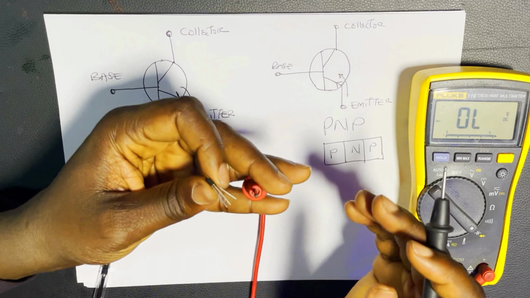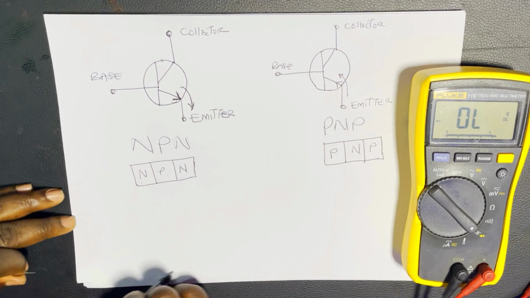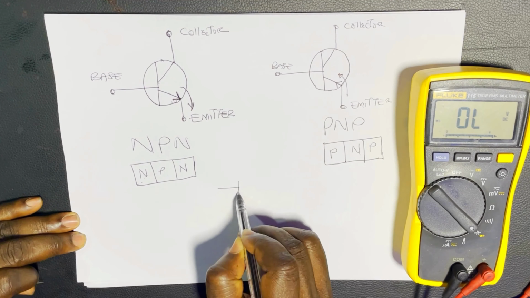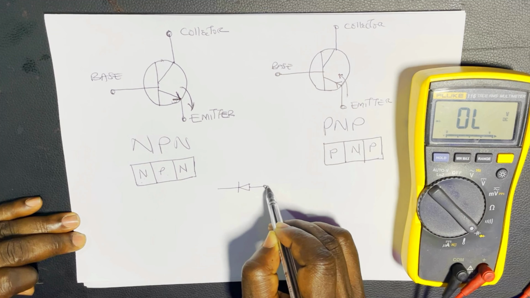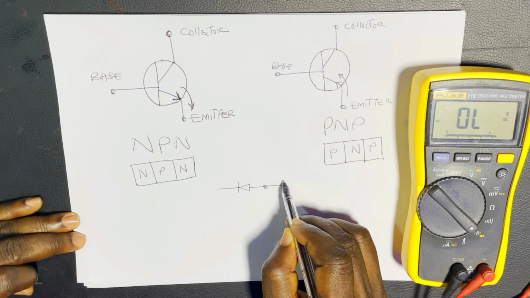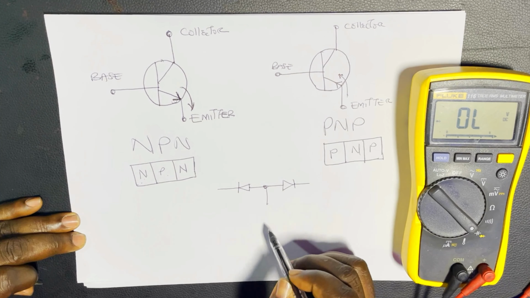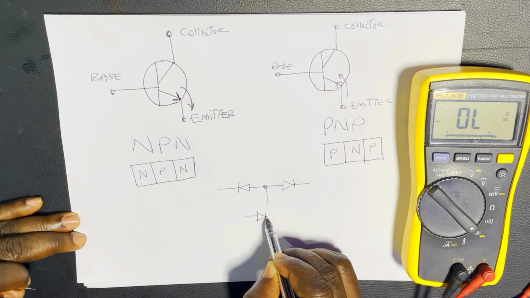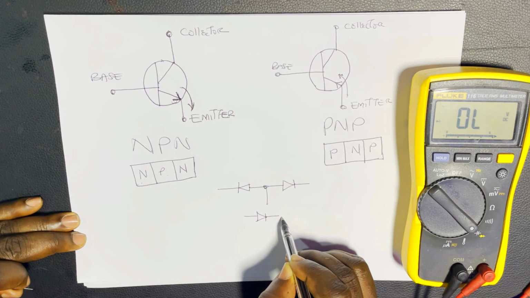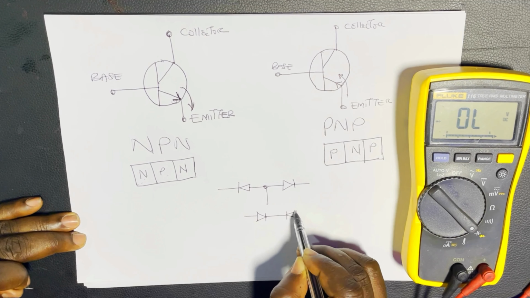Basically, a transistor is two diodes connected back to back. Let me just add that as an addition. You can view a transistor as two diodes connected this way, or this way, depending on whether it's NPN or PNP.